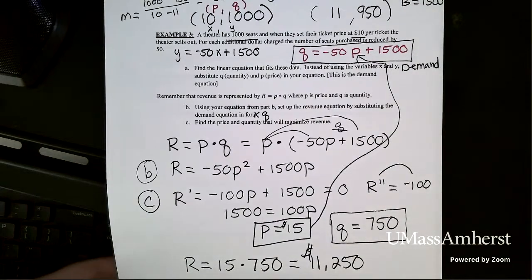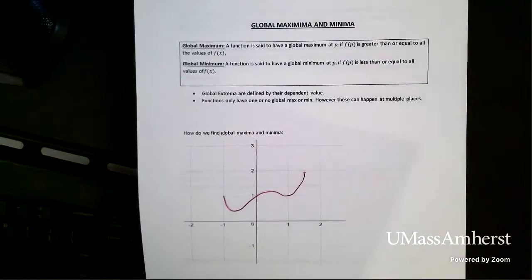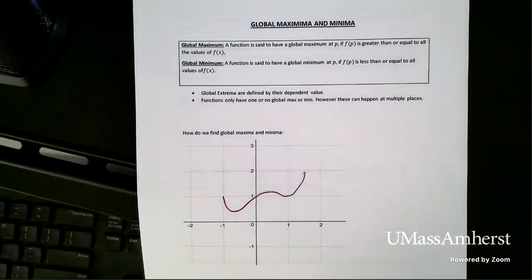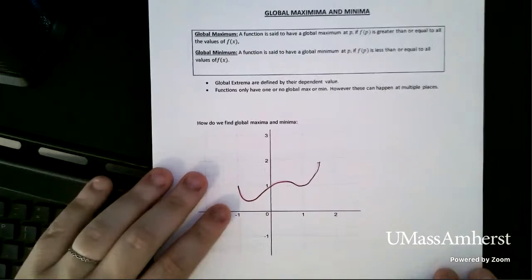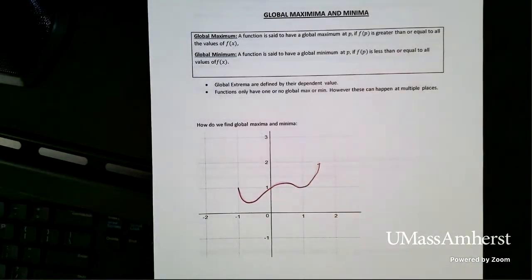And so now we're going to transition over and talk about global maximums and global minimums. All right. So we've done some work on local maximums and minimums. And I'm actually going to start with this picture, and then we'll go back to the definition in a minute.